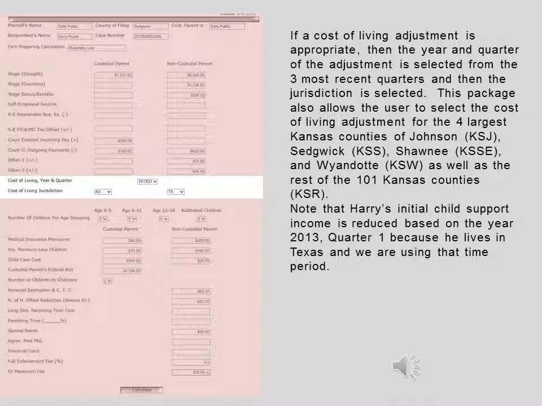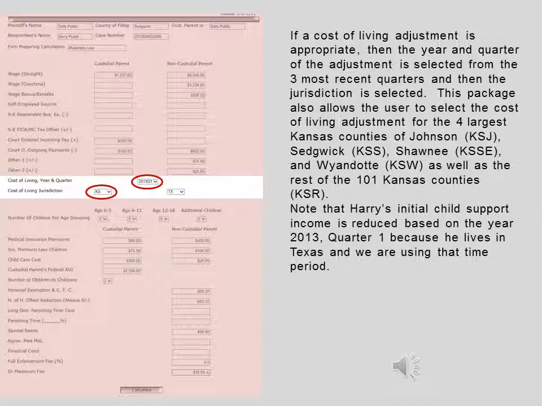If a cost of living adjustment is appropriate, then the year and quarter of the adjustment is selected from the 3 most recent quarters, and then the jurisdiction is selected. This package also allows the user to select the cost of living adjustment for the 4 largest Kansas counties of Johnson, KSJ, Sedgwick, KSS, Shawnee, KSSE, and Wyandotte, KSW, as well as the rest of the 101 Kansas counties, KSR.